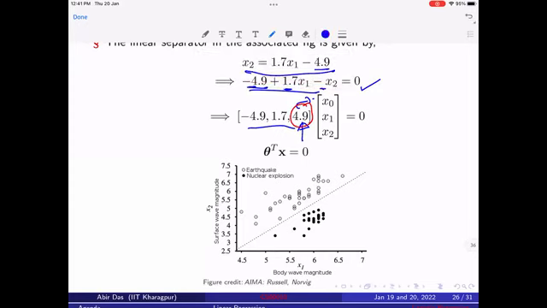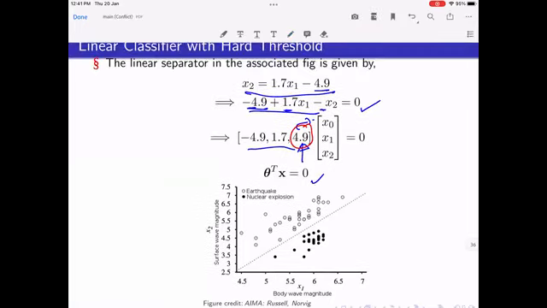Oh, so this is theta transpose x is equal to 0, this form. Now, you see the values, if the data point is such that the x1 value is far greater than the x2 value. Suppose you take this 6 and say this 3, so it will be somewhere here.